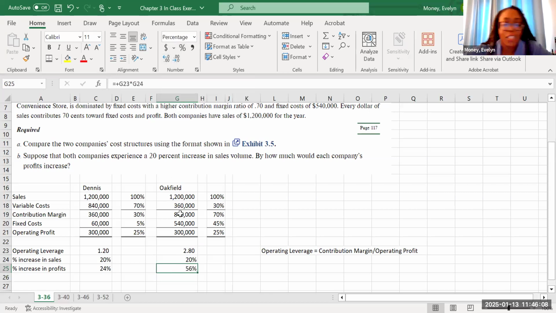Oh, 56%. More sensitive, more fixed costs. And higher contribution margin is really what it is. That higher contribution margin represents more to be able to cover our costs. And because those fixed costs are fixed, once we know that number, as long as we have enough to cover our fixed costs, then we get to keep more, because the more our sales go up, the variable costs aren't going to go up as much.